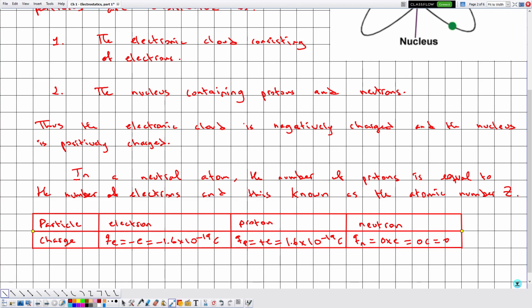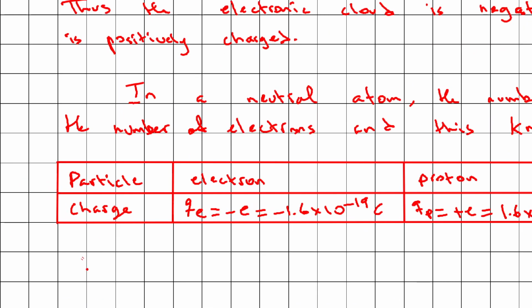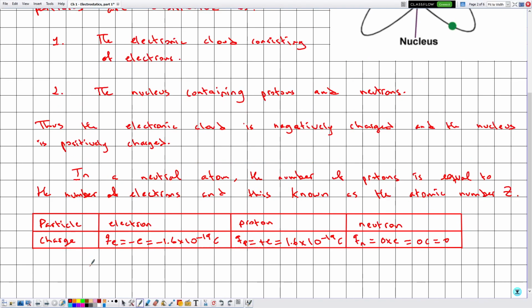We cannot say that the mass of the electron is equal to the mass of the proton. The mass of the proton is equal to the mass of the neutron, however the proton and the neutron are much heavier than the electron. So we can add other rows for the mass and the size, but from this we cannot deduce anything related to the mass nor the size.